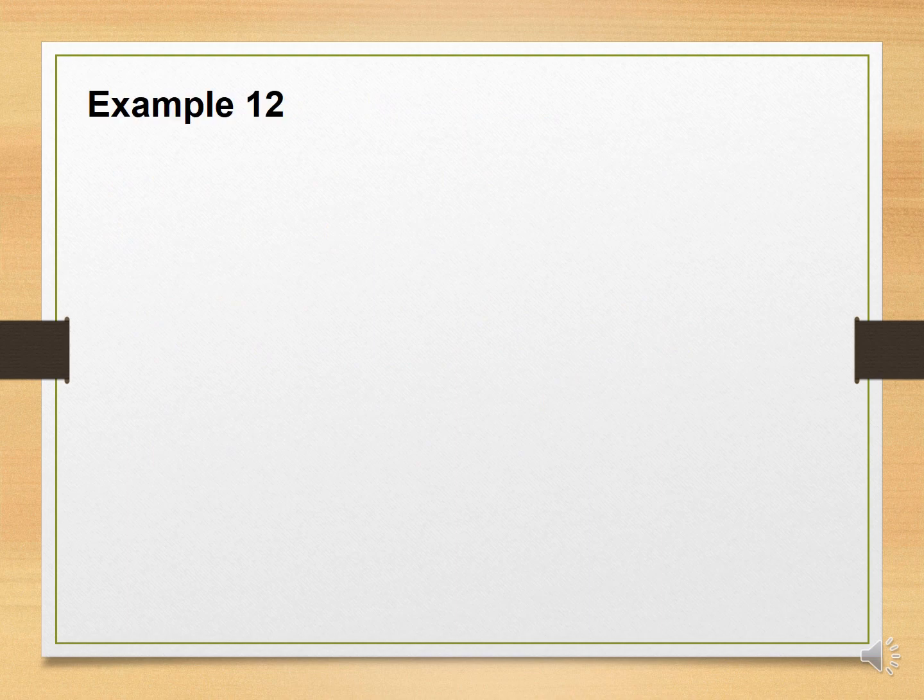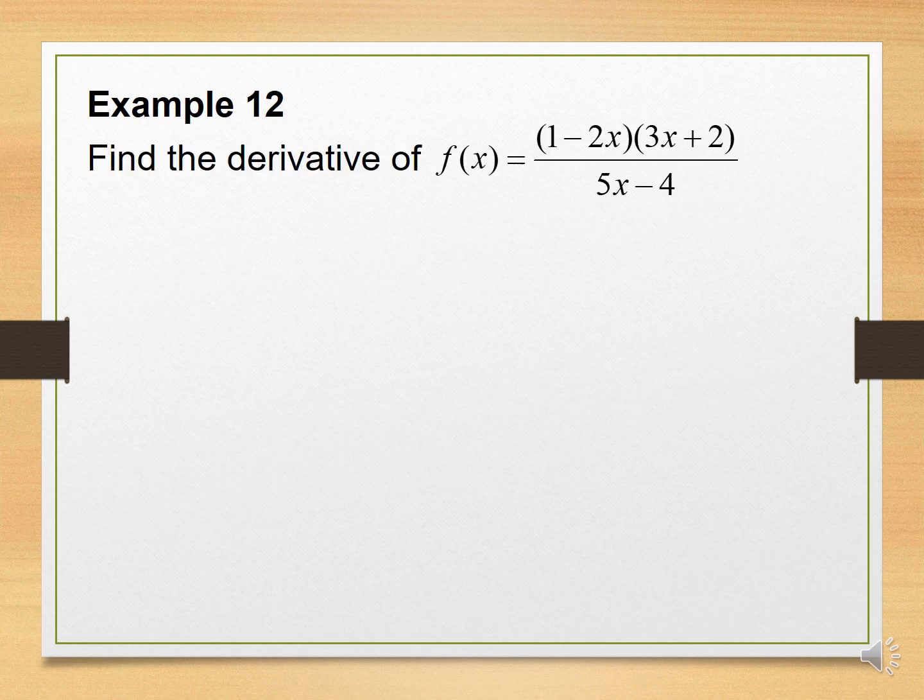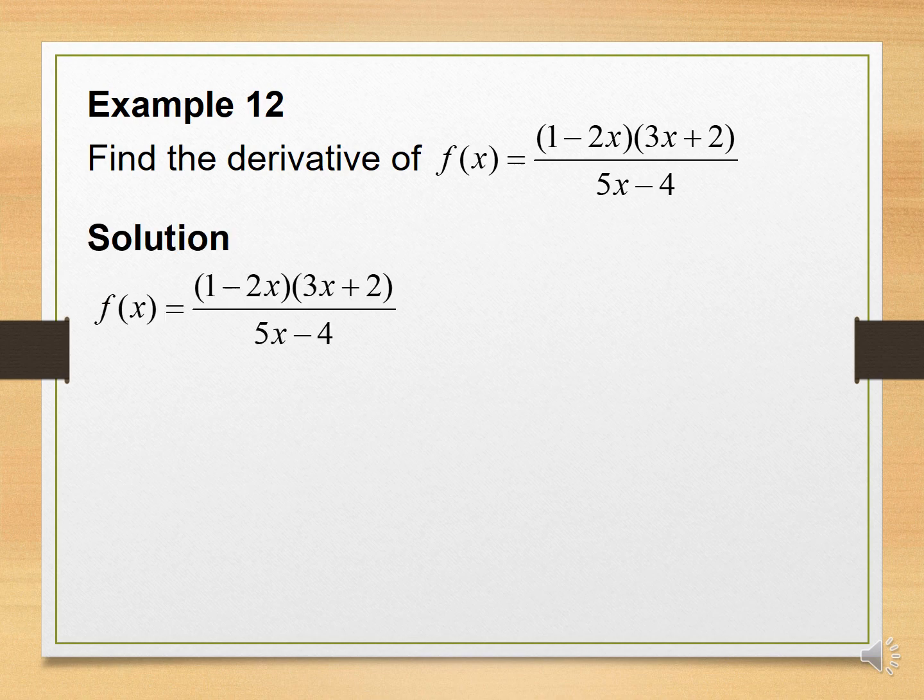So we will go straight to the question, example 12. Find the derivative of f(x) equal to (1 minus 2x)(3x plus 2) divided by (5x minus 4). For this question, it involves product and quotient. Okay, let's see the solution.